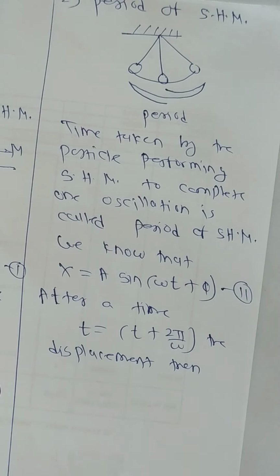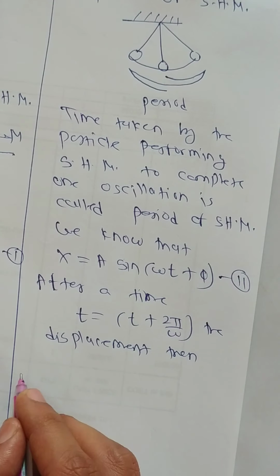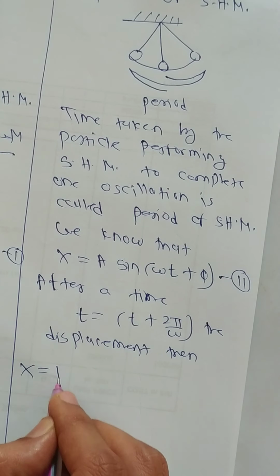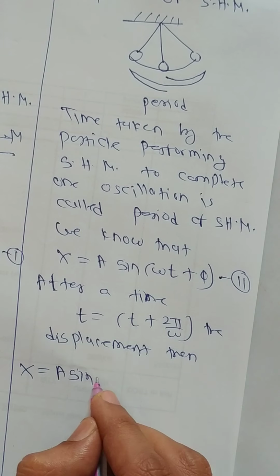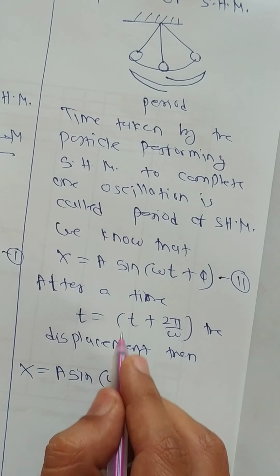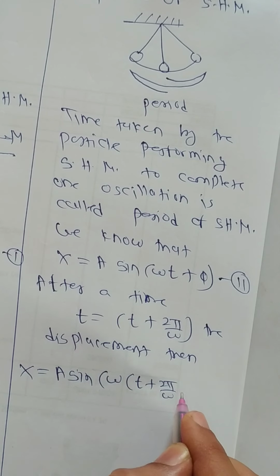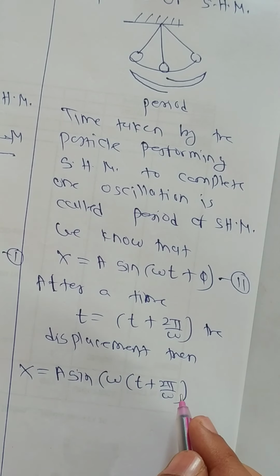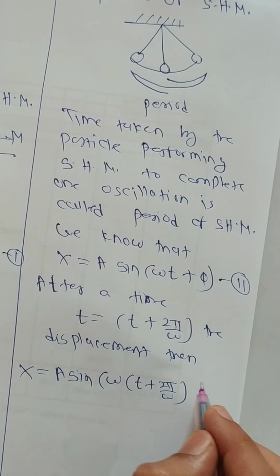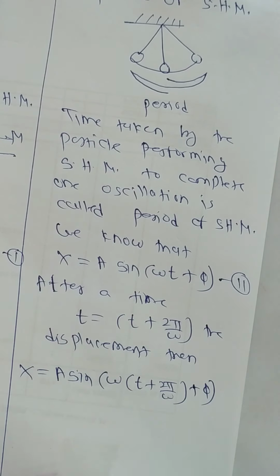That is your equation 2. So it will be x is equal to a sine of omega, times t plus 2 pi upon omega, plus phi, whole bracket complete.